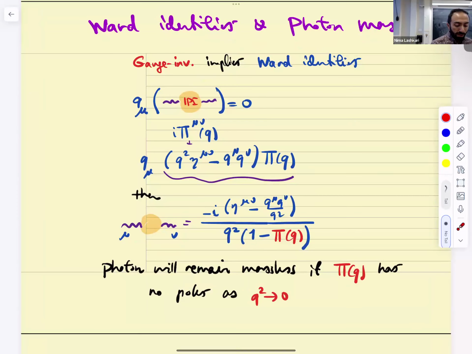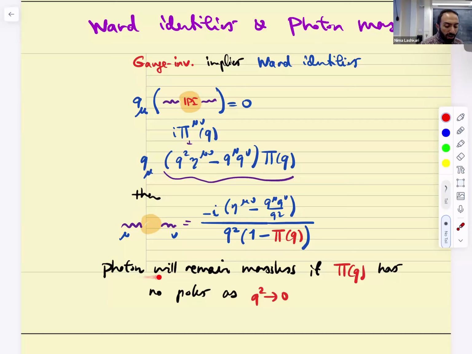Non-perturbatively, it must have the following tensor structure, for some Pi of Q. Therefore, you could show that you could resum this as a summation over 1PI insertions, you remember what I'm talking about, right? So it comes down as a numerator of this form.